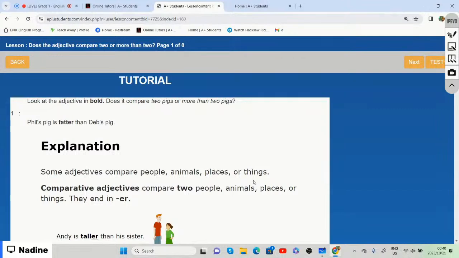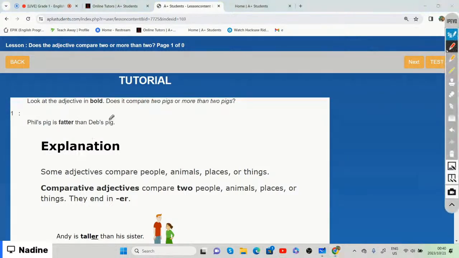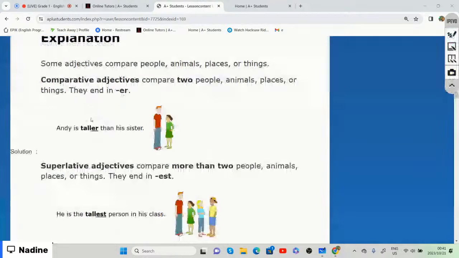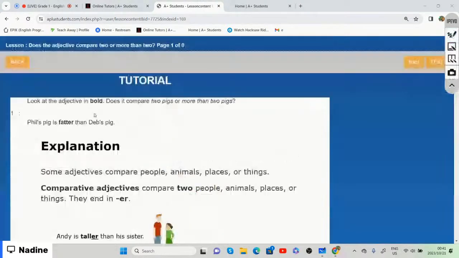So if we look at the word fatter, the adjective in bold, does it compare two pigs or more than two pigs? In this case, we can say it is fatter.